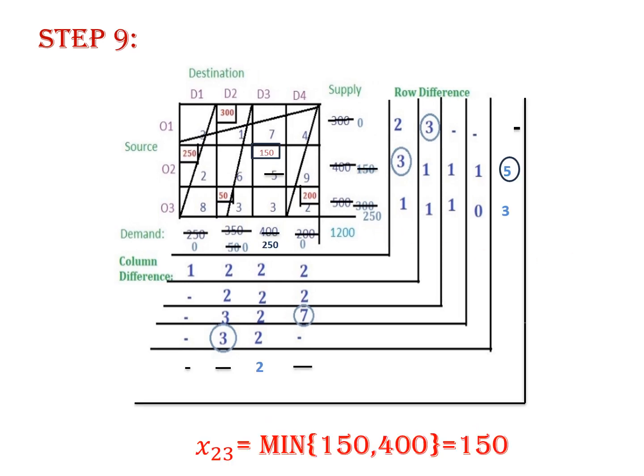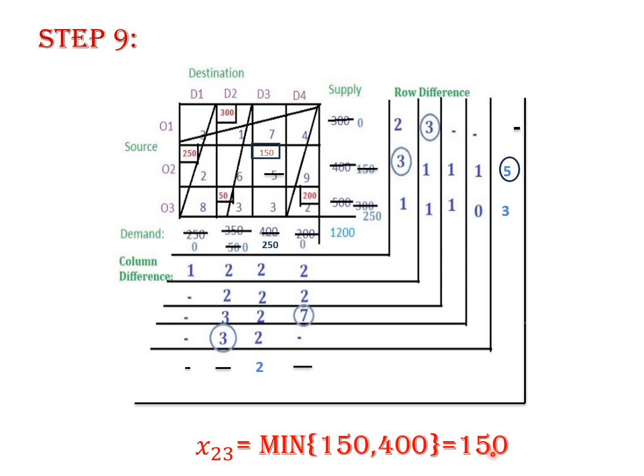Next, to find the row difference and column difference. The row difference is 5, 3. Column difference is only 2. The maximum difference is 5. Okay, we find the value of x23 is equal to minimum of 150, 400. The minimum value is 150.